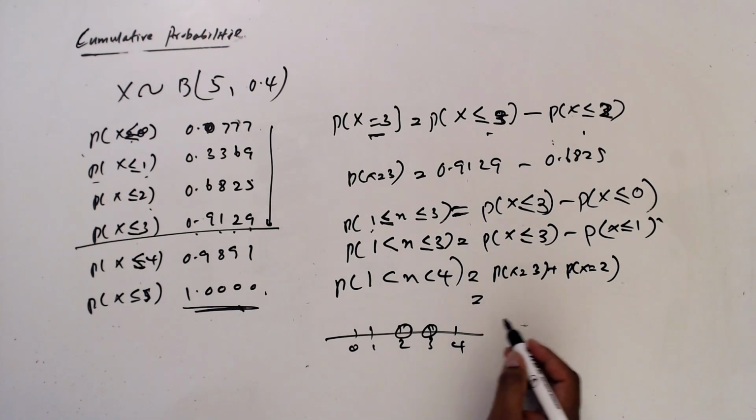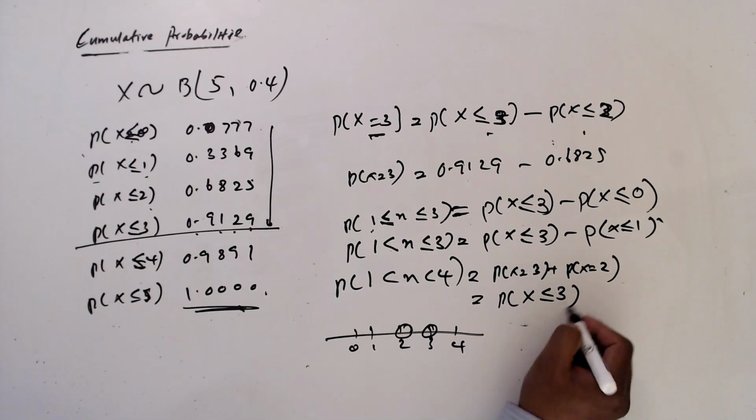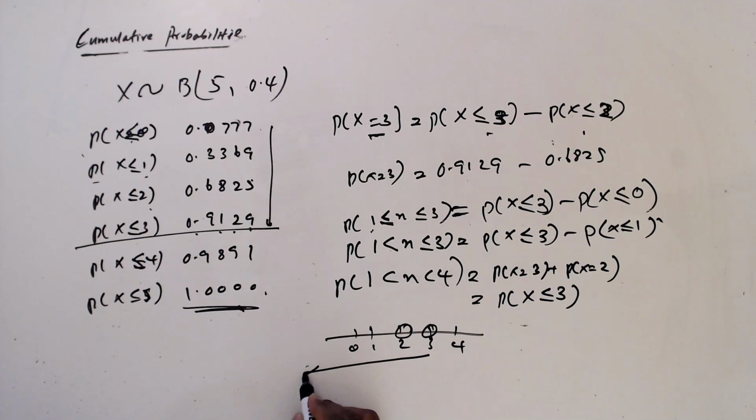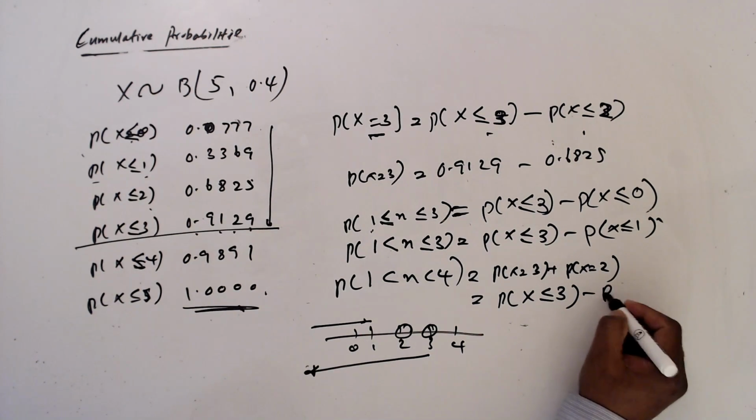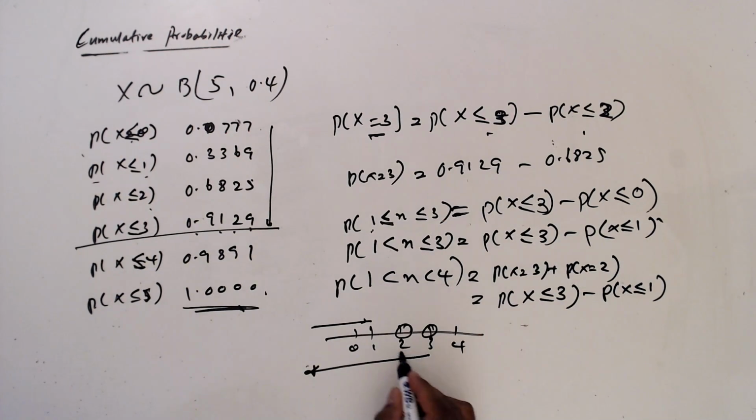So you take probability of x less than or equal to 3, minus probability of x less than or equal to 1. You get 2 and 3 again.